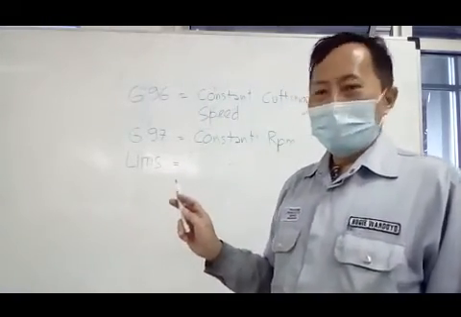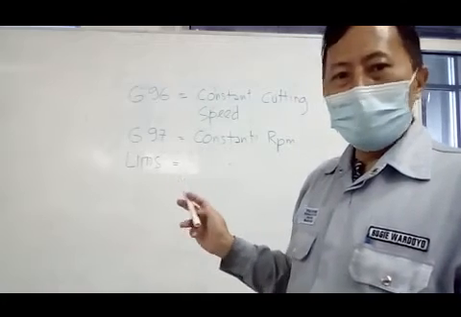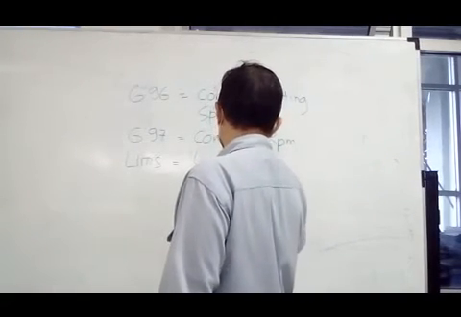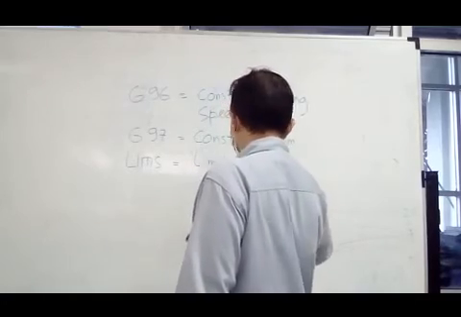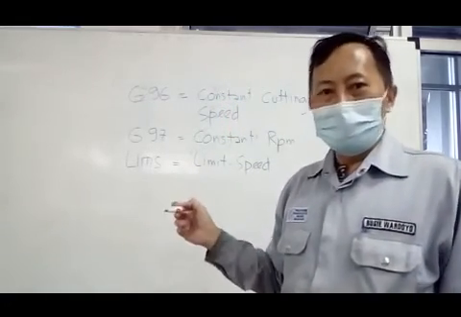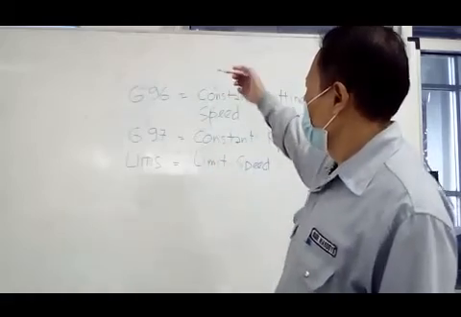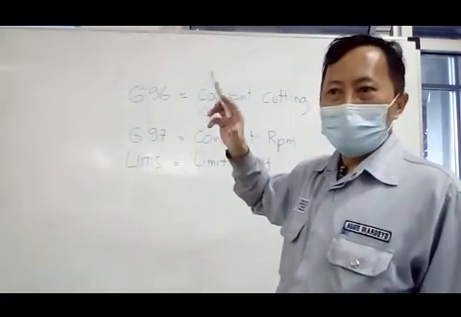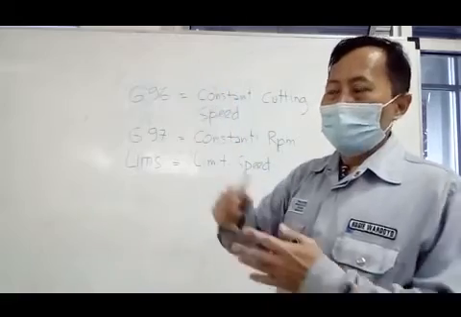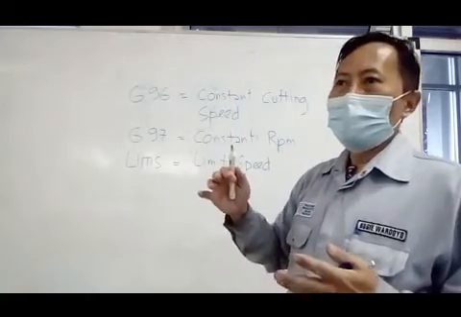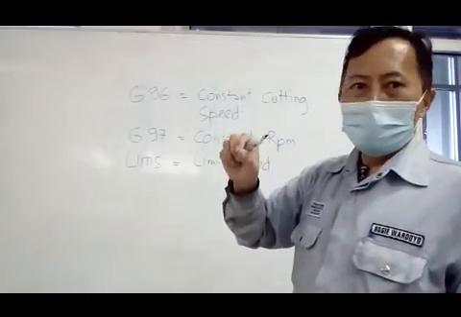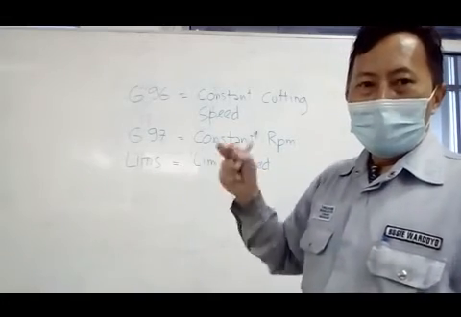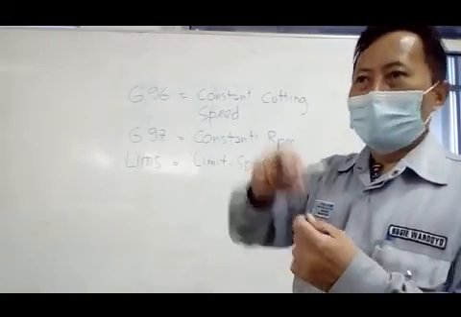There is also a speed limit for turning. Because if we use constant cutting speed, the RPM changes each time. But when the diameter is 0, if we don't use a speed limit, then the RPM is too big.